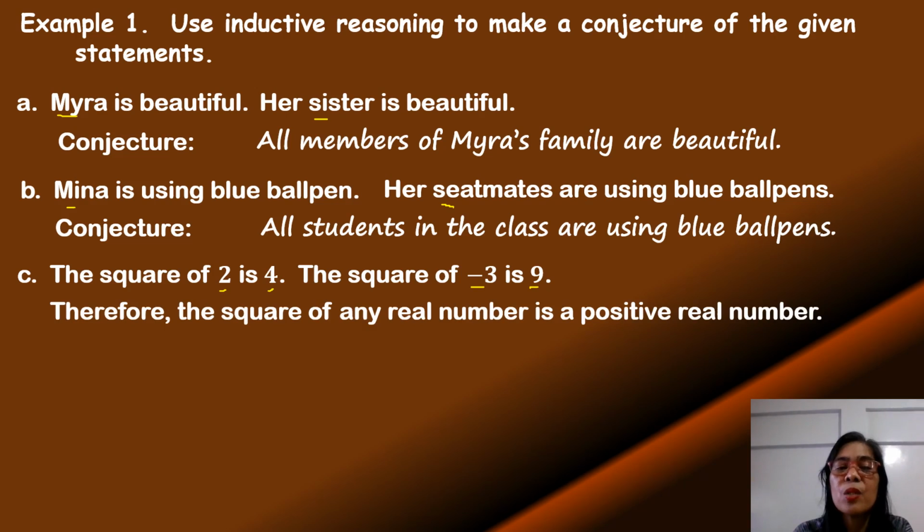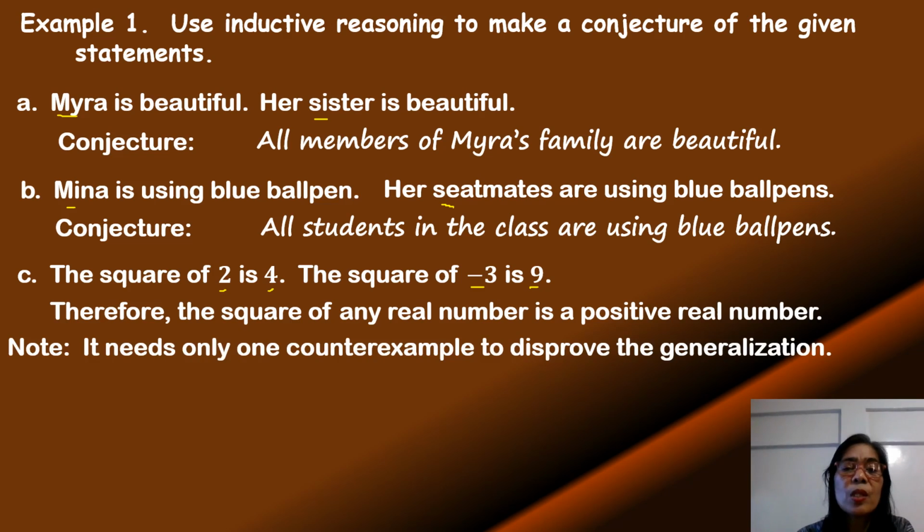So we can make a generalization that the square of any real number is a positive real number. So it says that conjectures derived using the inductive reasoning are not always true. They are just probable statements, and we only need one counterexample to disprove that generalization.